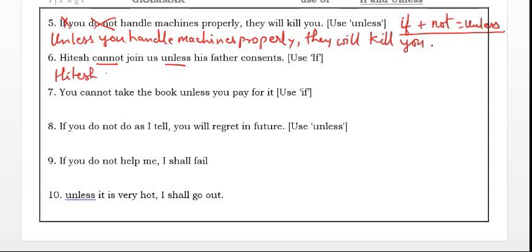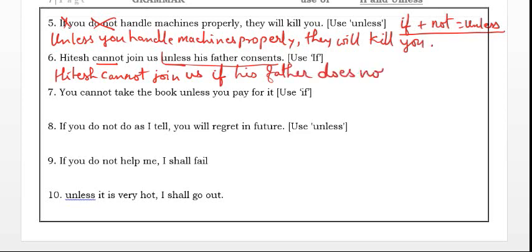Now cannot will remain as it is because unless is our positive, because we are talking about this part of the sentence. Cannot join us if his father does not consent.